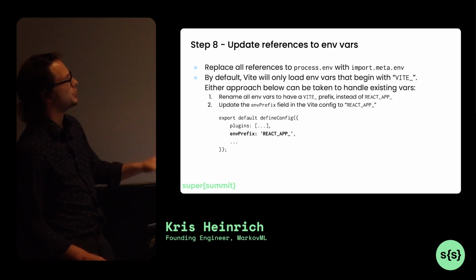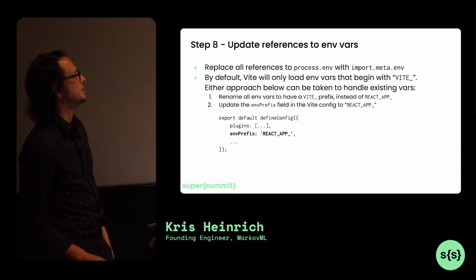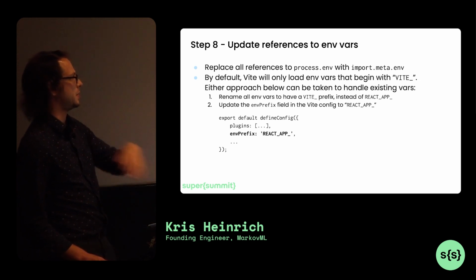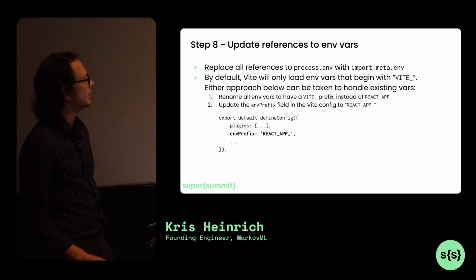There are a couple of approaches you can take to reuse your existing variables. Obviously, you can rename them all, but that's not ideal if, for example, you have some that are coming from your GitHub or infrastructure. They're not just in an env file.